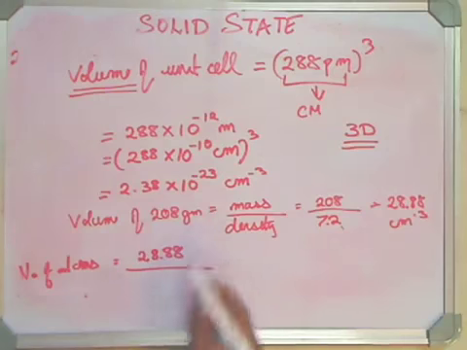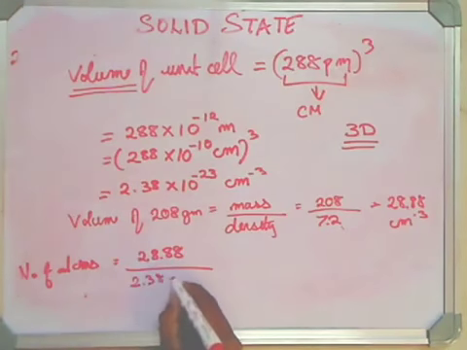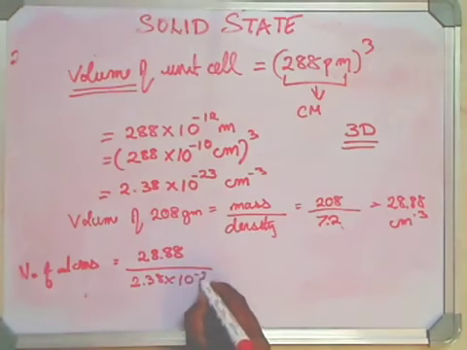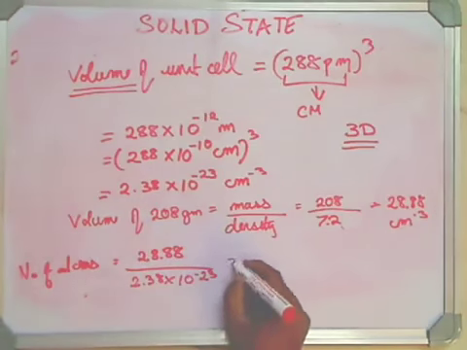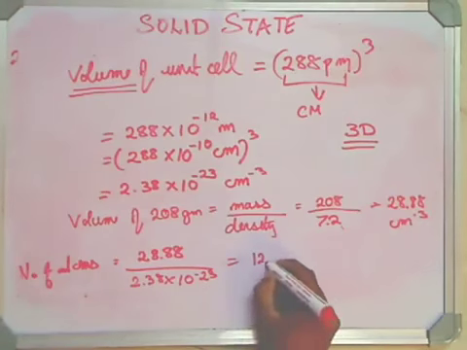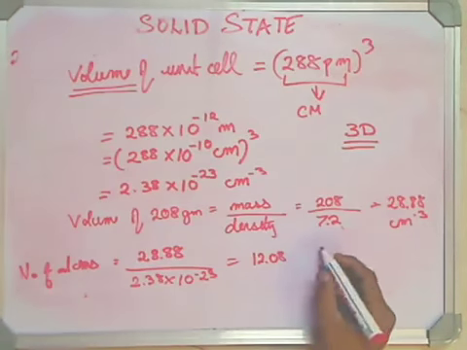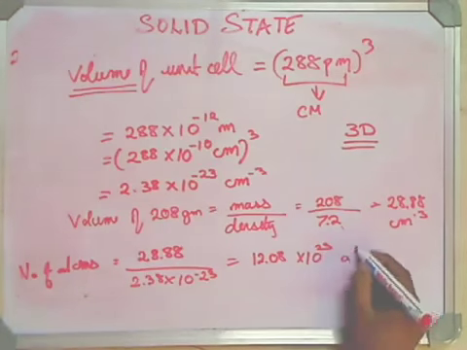The volume of every unit cell is 2.38 multiplied by 10 to the power of minus 23. And thanks to the magic of my Casio calculator, I am able to arrive at the value 12.08 multiplied by 10 to the power of 23 atoms.